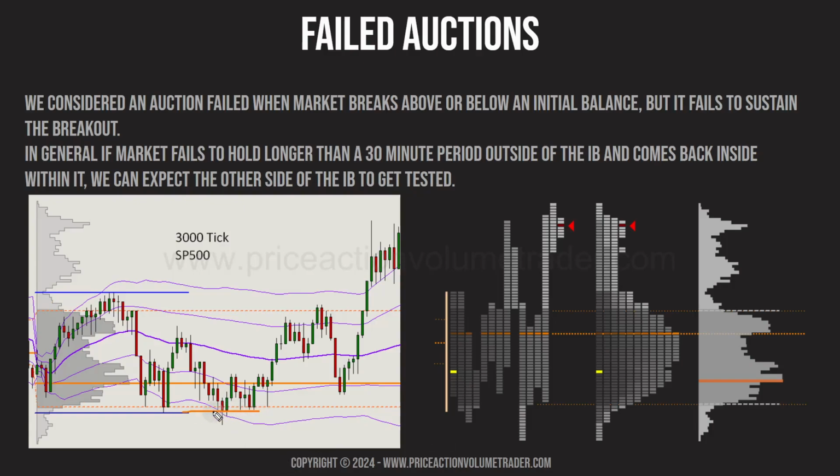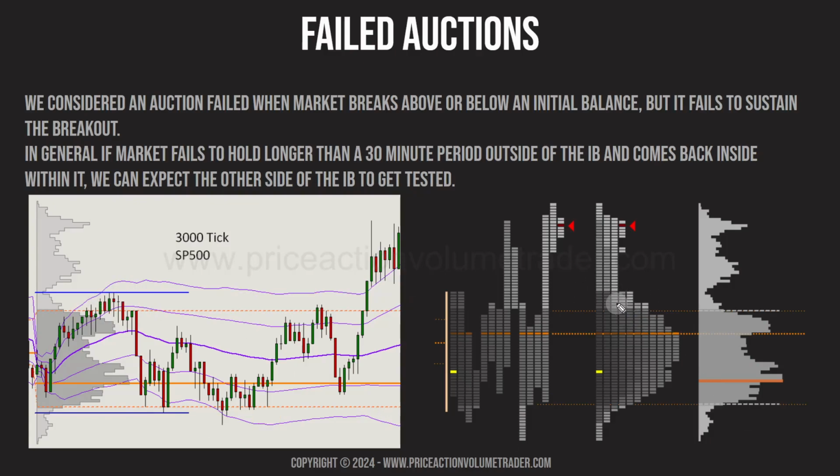And then market eventually put in an over-under pattern. Here is one of my favorite price action patterns, where we put in a left shoulder, then a low, and then a right shoulder, and we held. And then you can see eventually we did push up and break above, or we visited the other side of the initial balance.